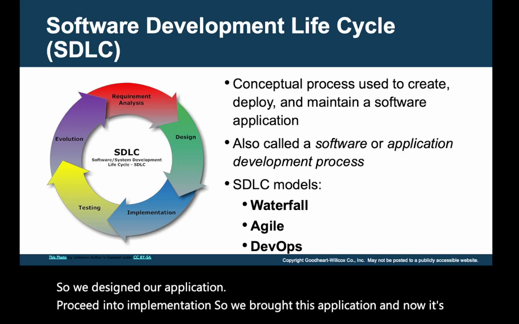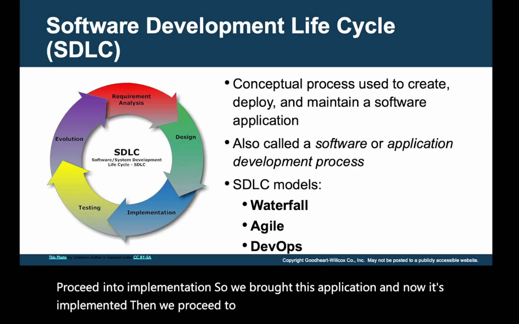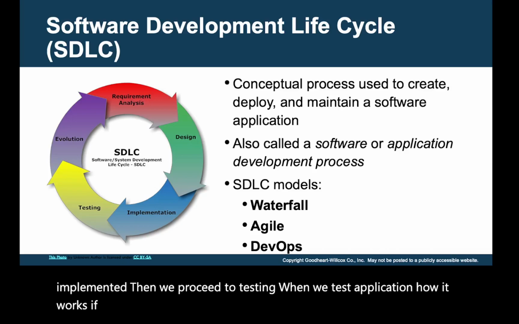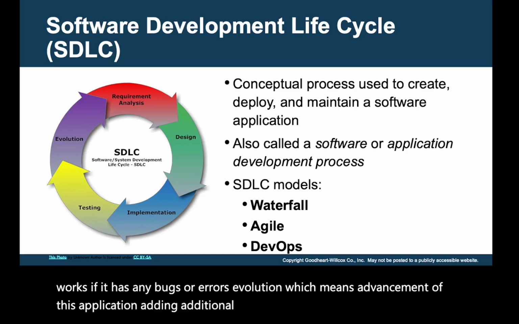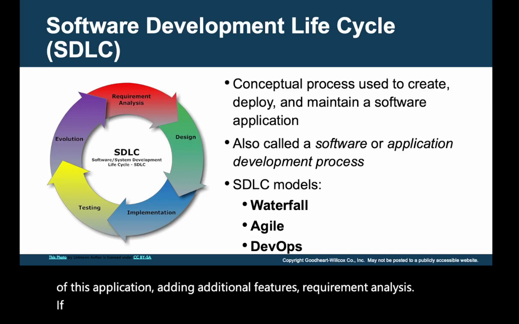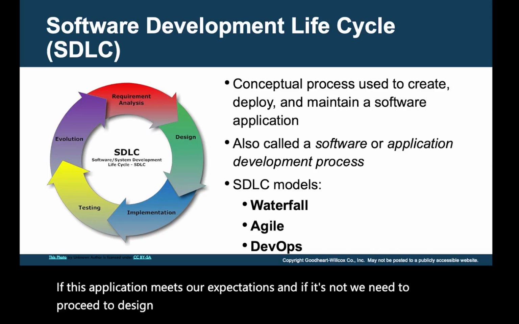Then we proceed to testing. When we test the application, we check how it works and if it has any bugs or errors. Evolution, which means advancement of this application, adding additional features. Requirement analysis: if this application meets our expectations, and if it doesn't, we need to proceed to design and add new features to it.